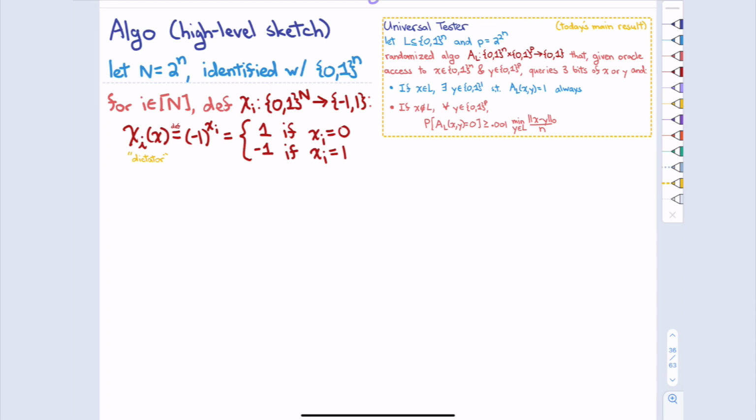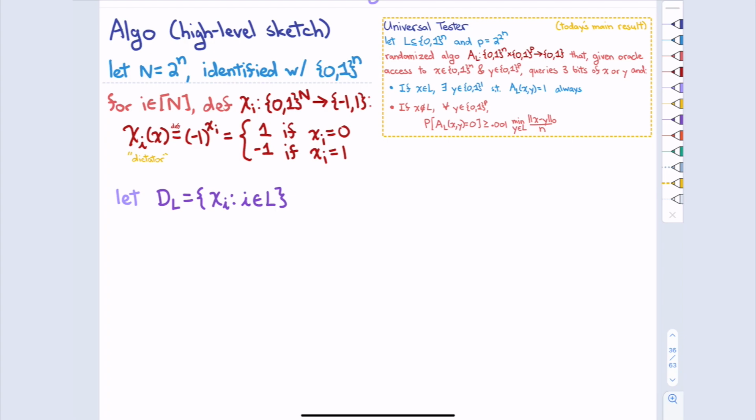Now let the dictators of L be, okay, so L is a subset of all bit strings of length n, right? And there's 2 to the n bit strings of length n, which is capital N. Not sure why I chose the same letter, but forgive me.